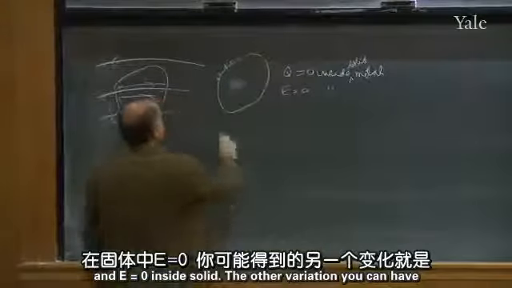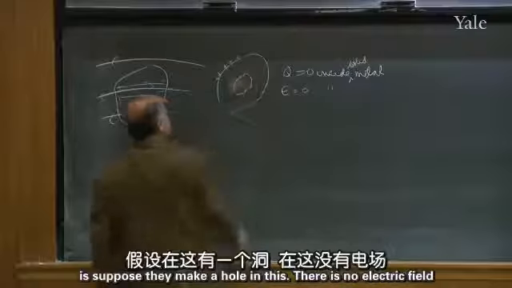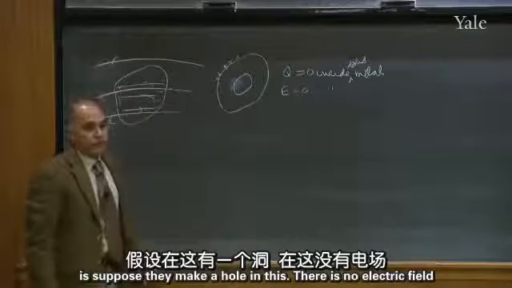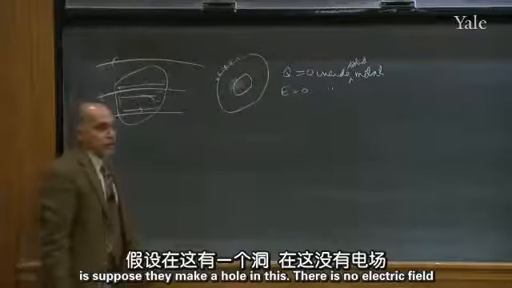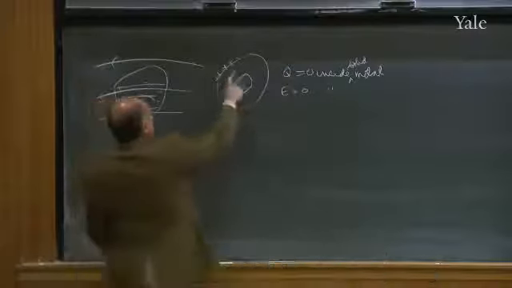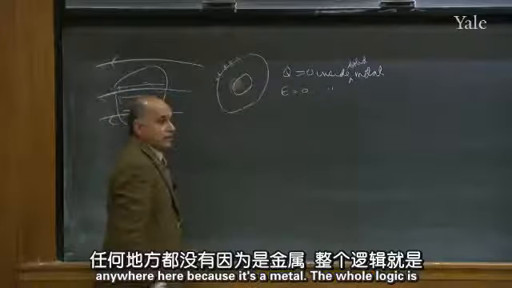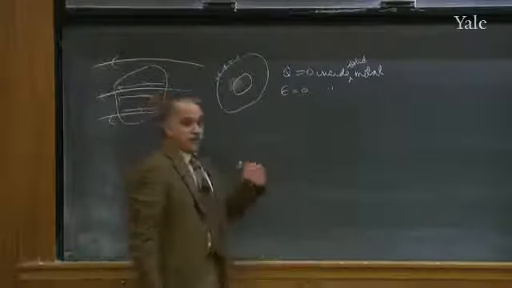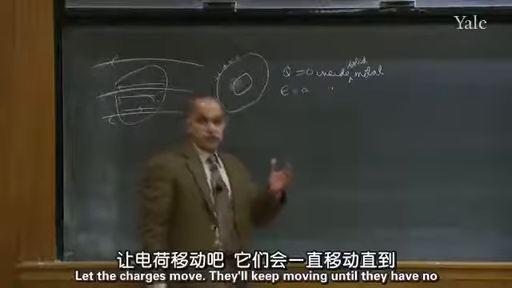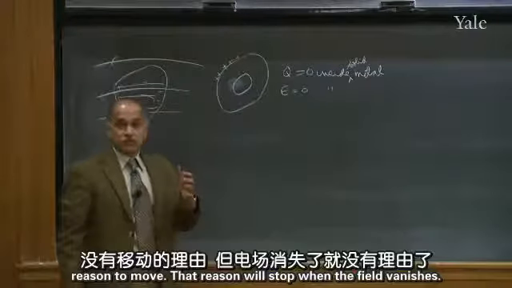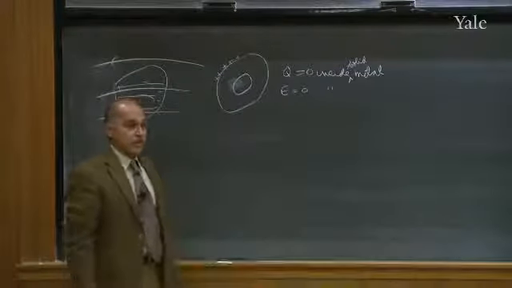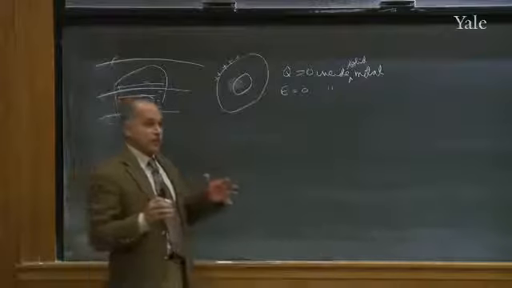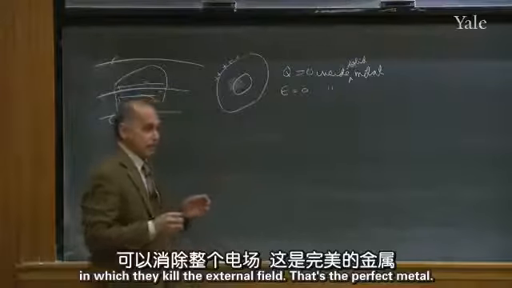The other variation you can have is, suppose I make a hole in this. There is no electric field anywhere here because it's a metal. The whole logic is, if you have a field, you're not in a static situation. Let the charges move. They'll keep moving till they have no reason to move. That reason will stop when the field vanishes. It's quite amazing. They can always find an arrangement in which they kill the external field.